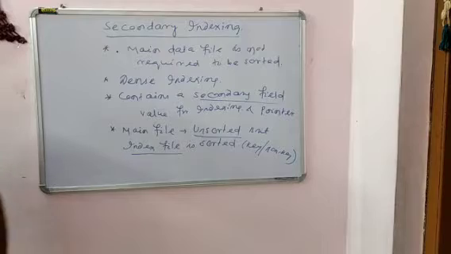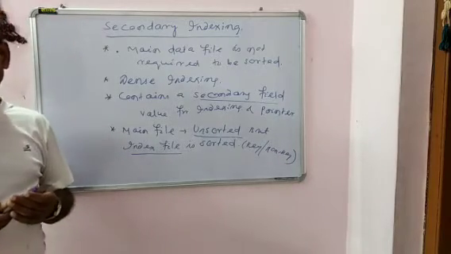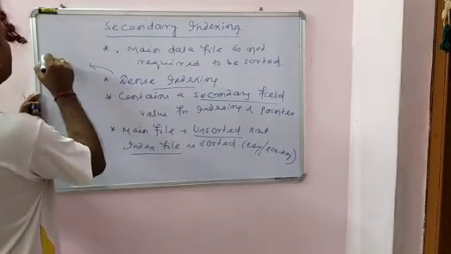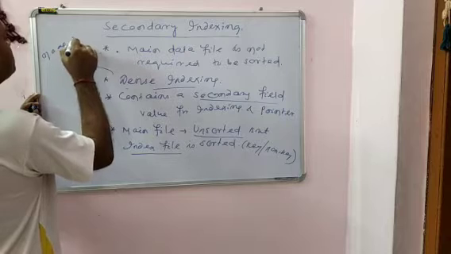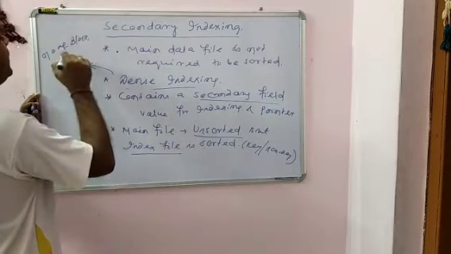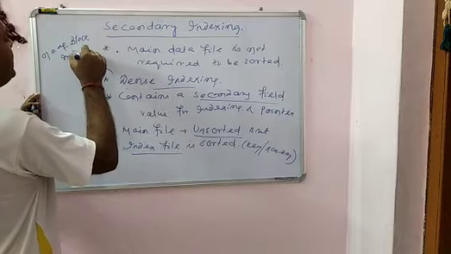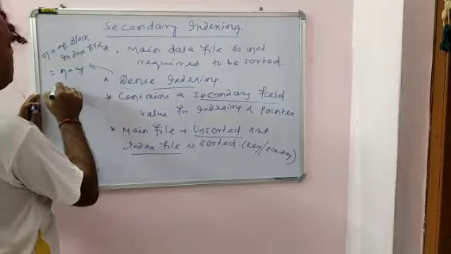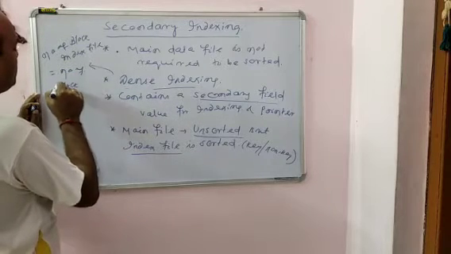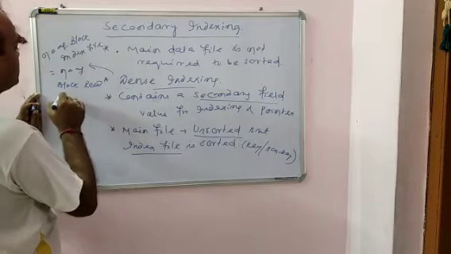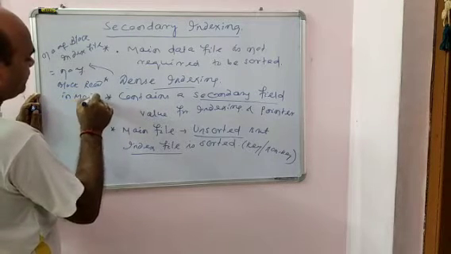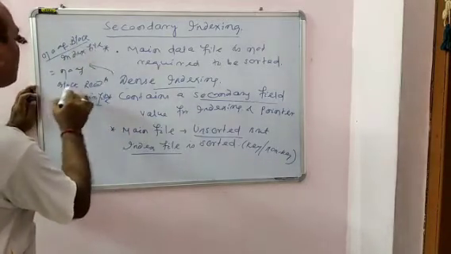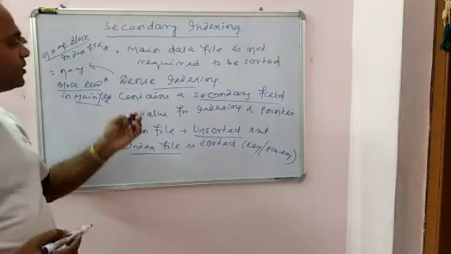So the number of block entries in the index file is equal to the number of block records in the main file, because it is dense indexing.